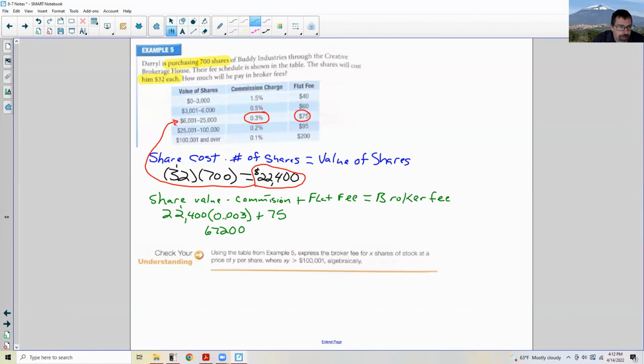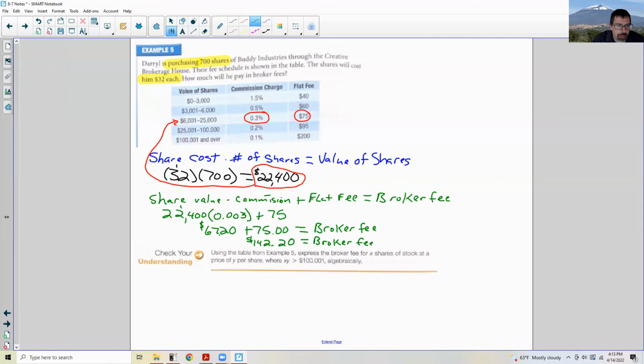Then I look and I have 3 decimal places, so I go 1, 2, 3. And it is 67.20. I can erase this last 0 because we're talking money and we only go to hundredths. 67.20 plus $75 is going to equal our broker fee. 0 plus 0 is 0, 0 plus 2, 5 plus 7, carry the 1, 7 and 6 is 13, and 1 is 14.